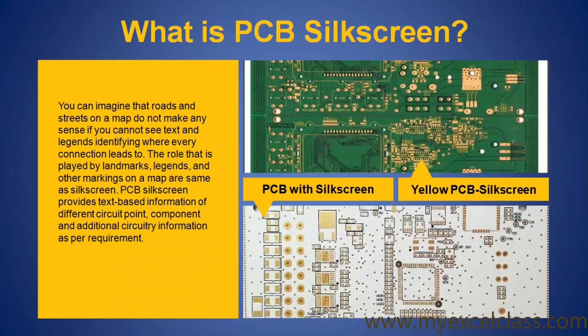The same applies to your board. For example, assume it is one type of map, some place or any country map. Here you see one place, and that is another place.